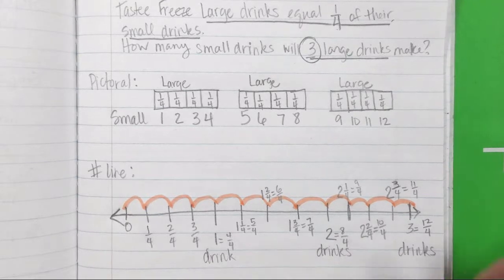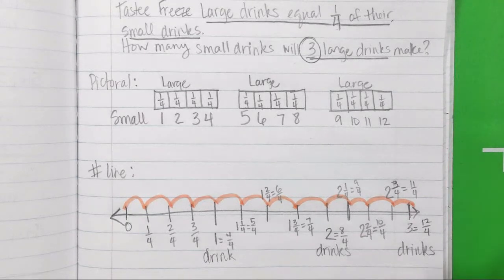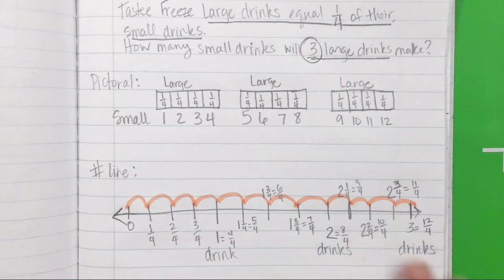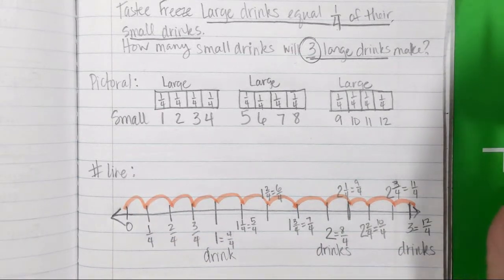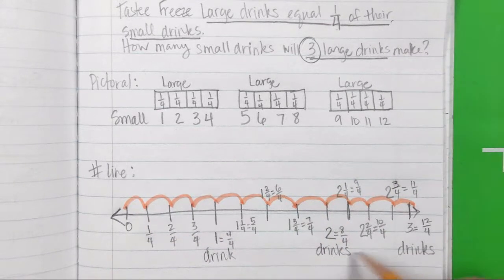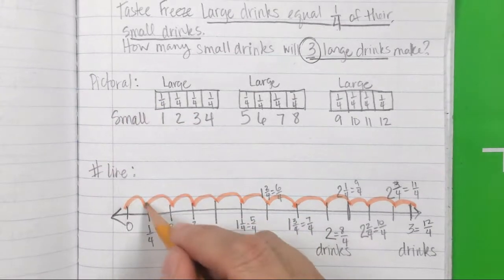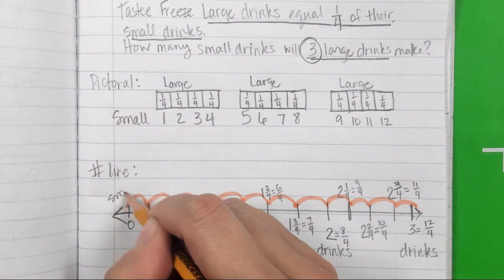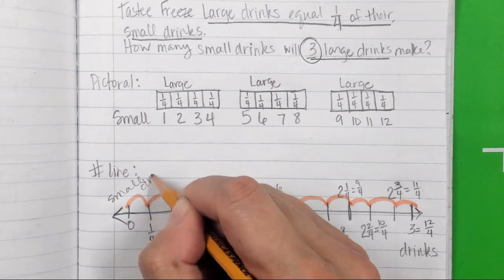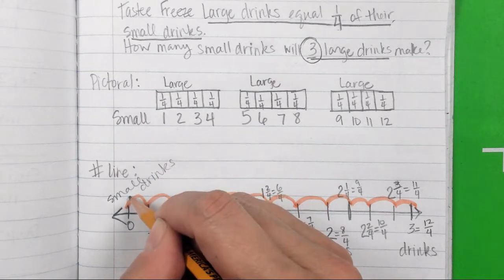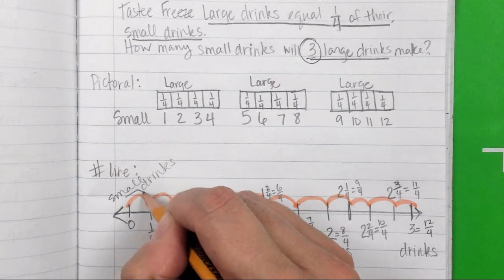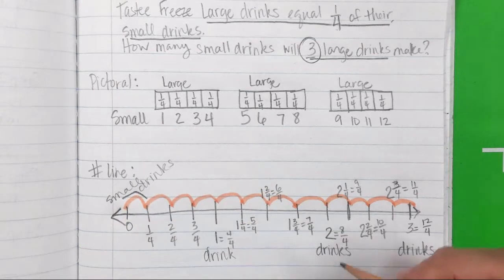Now, what do you think I have to do to find my number of drinks? Where are the small drinks on here? These are my large drinks. So where would my small drinks be? I wonder. I thought I heard somebody say it out there. Those small drinks are these humps, right? This right here is a small drink, right?